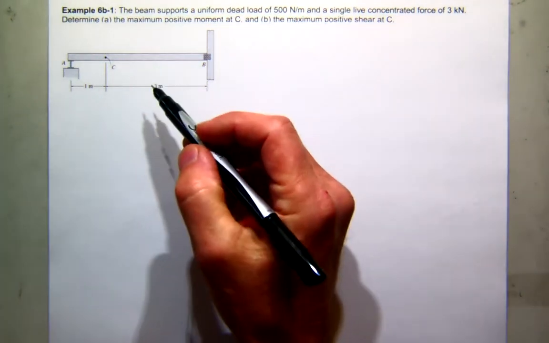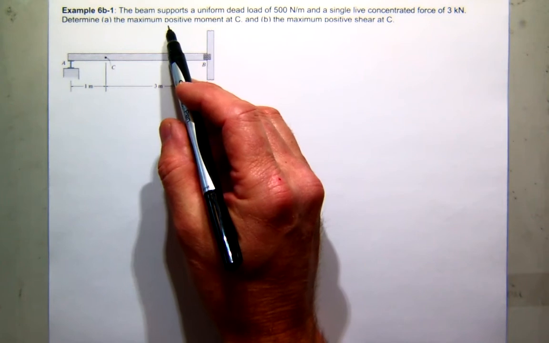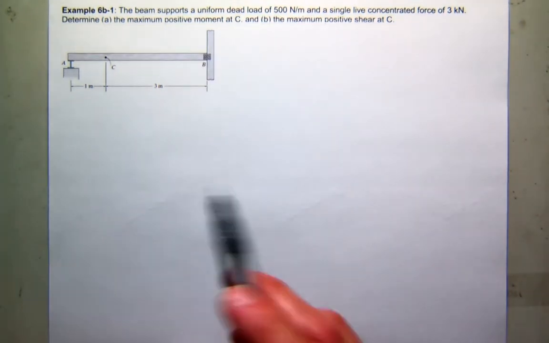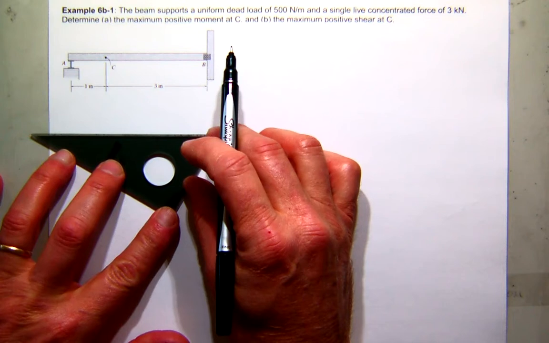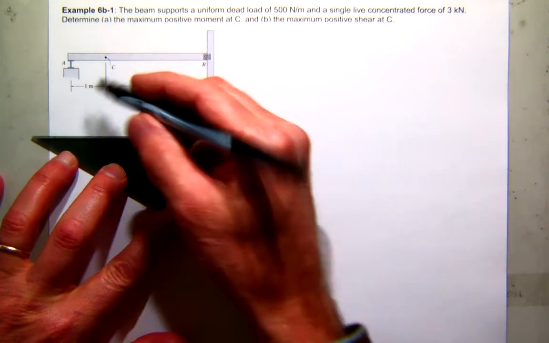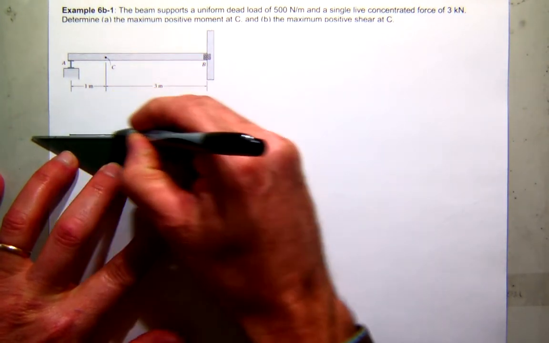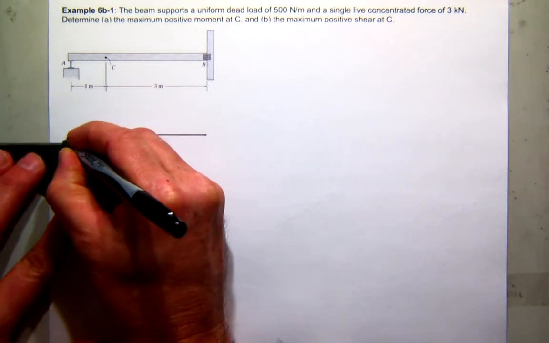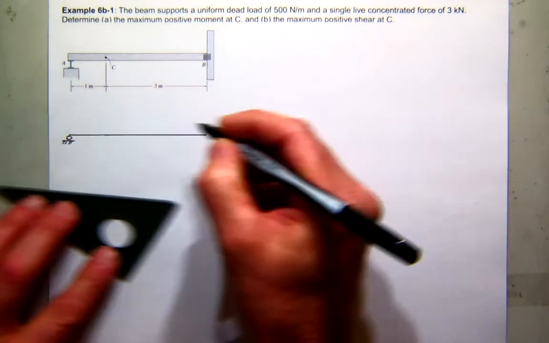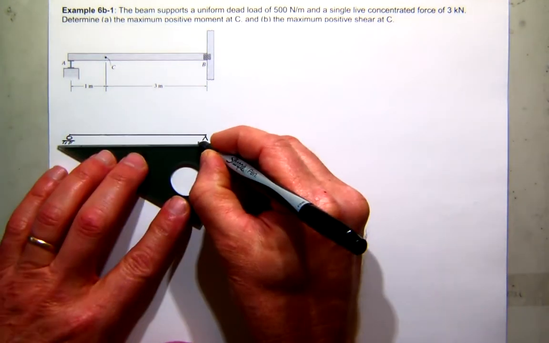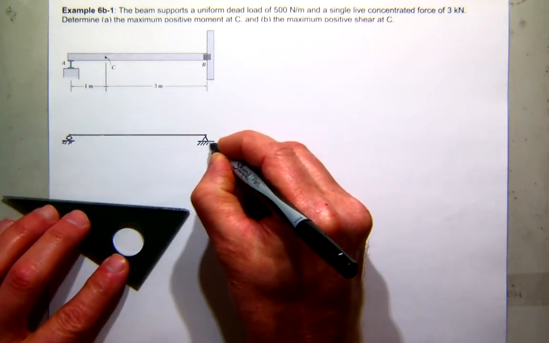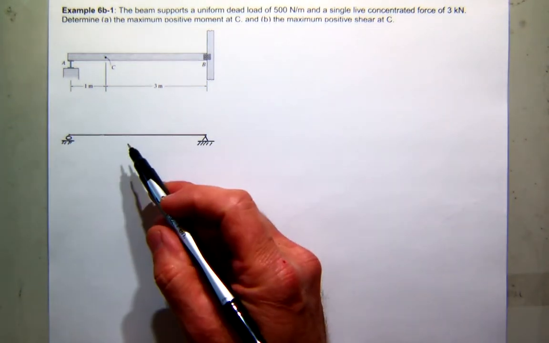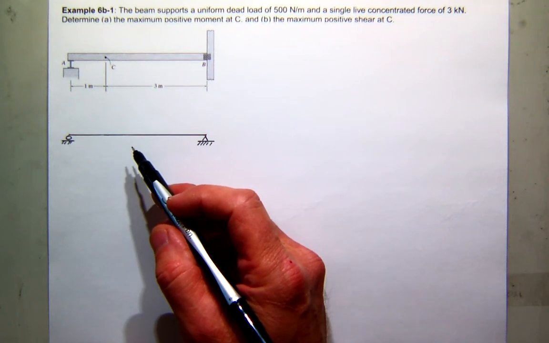So what I'm going to do first, we'll do part A first. We're going to try to find the maximum moment at C. Remember, we talked last time that if I take my structure, which is a roller on the left side and a pin on the right side, and I want to draw the qualitative shape of my influence line, I can use the Mueller-Breslau principle.